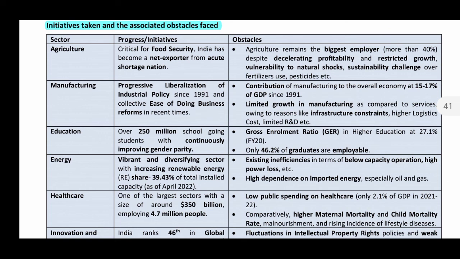Agriculture remains the biggest employer. It means 40% of the people are involved in agriculture. Despite decelerating profitability, profit is not there and growth is also restricted, and also there are natural shocks such as huge floods, or in the north a shortage of rain which impacts the paddy fields.